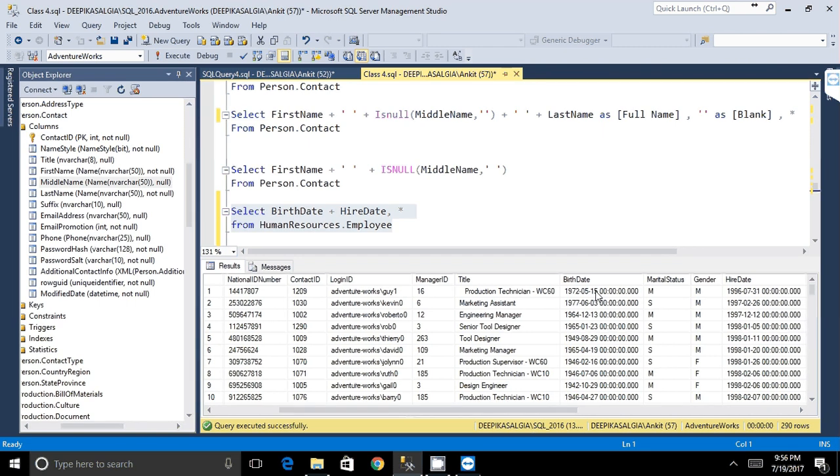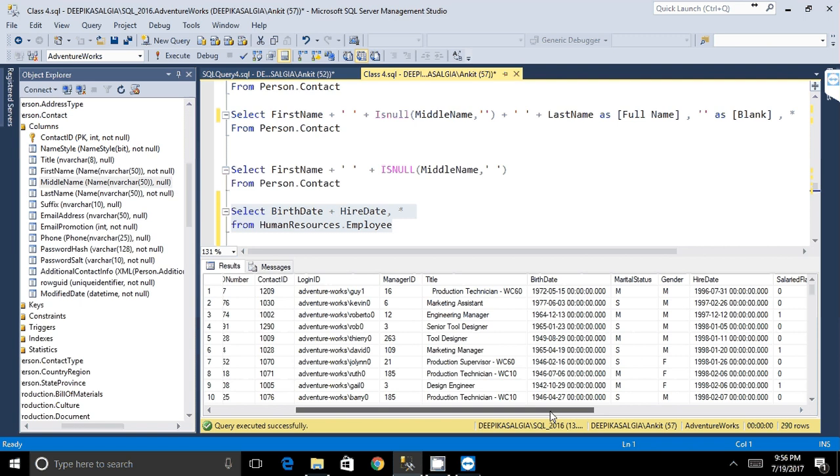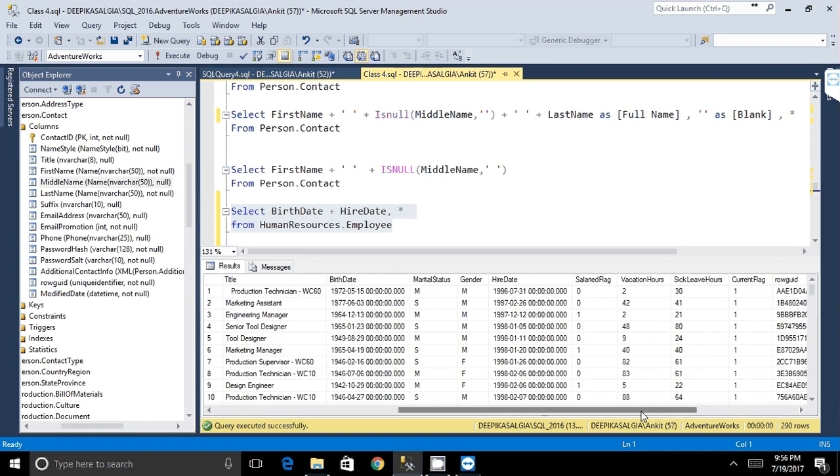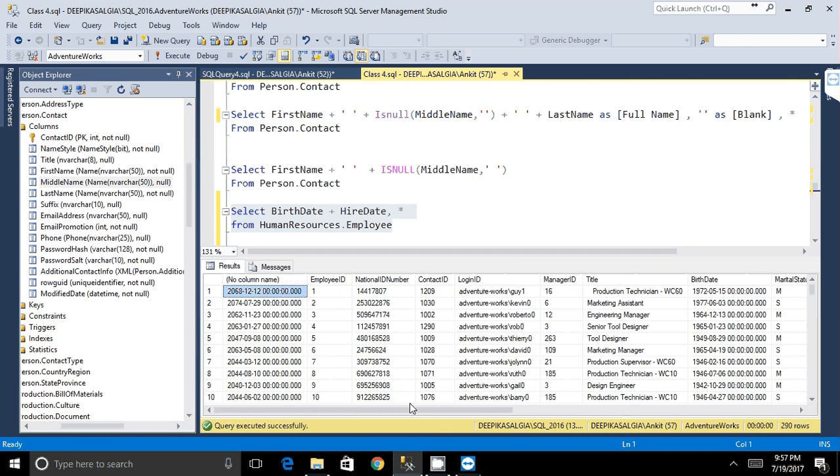Basically what it's doing is adding the number of columns month by month and date by date, which doesn't make any sense. So when you are adding two dates together, it's not going to make any sense. Make sure you are using the plus either for the concatenation or for the addition. So this one doesn't make any sense.